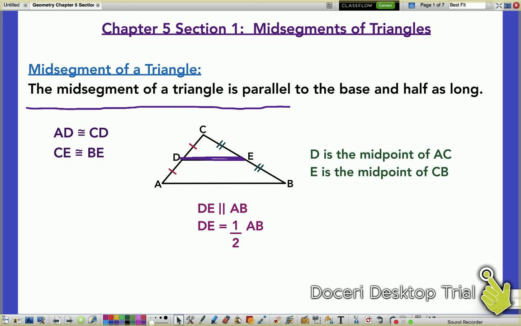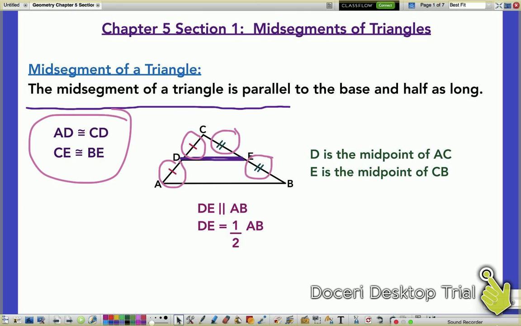Okay, it's parallel to the base and it is half as long. Also, the outside of the triangle, the sides, so AD and CD would be congruent to each other. CE and BE would be congruent to each other.